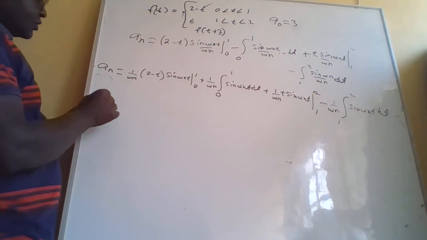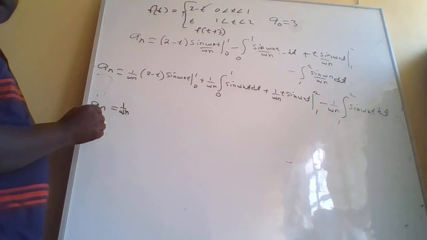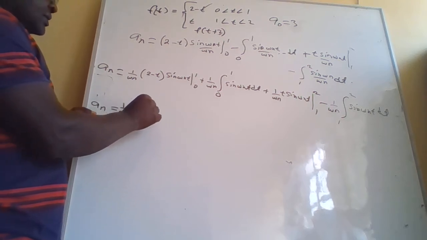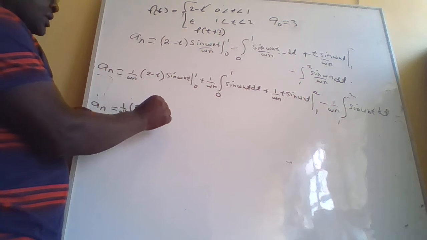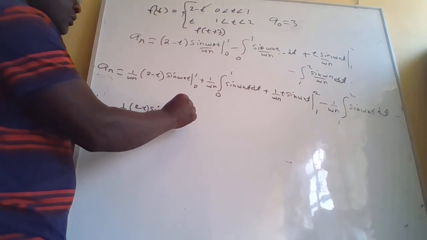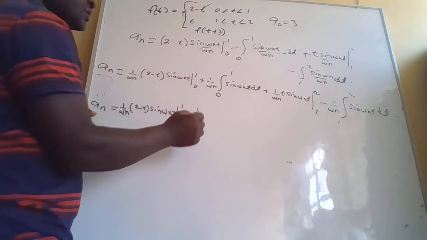Our a_n will be equal to 1 over ω_n times (2 − t) sin(ω_n t), plus 1 over ω_n.